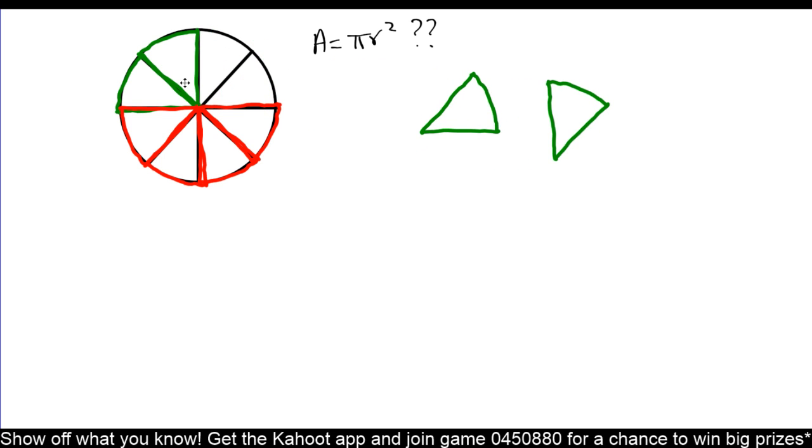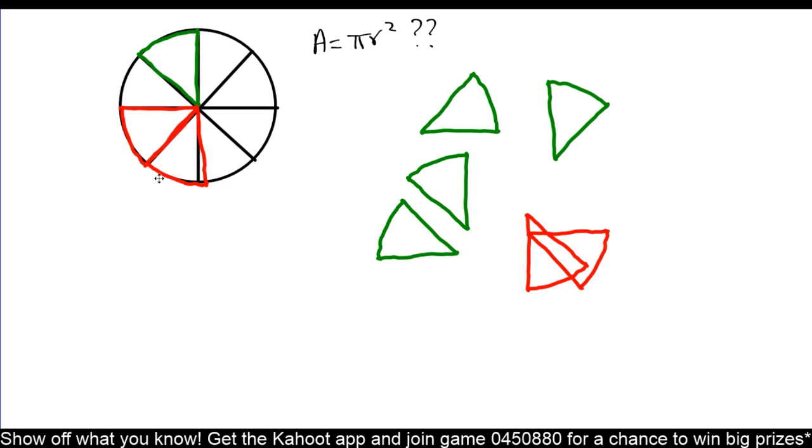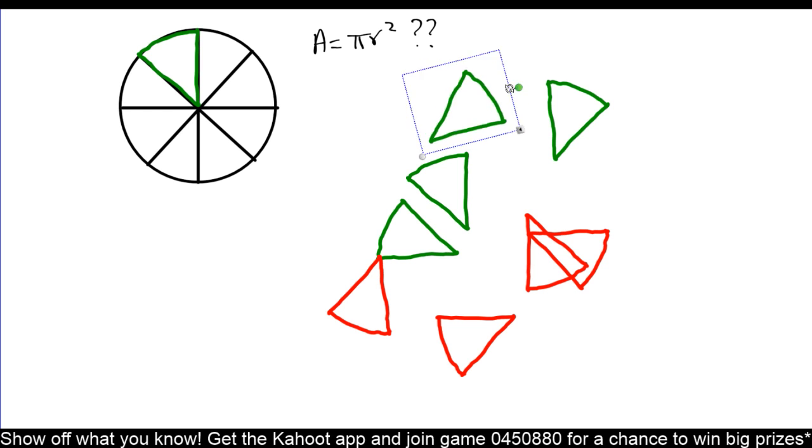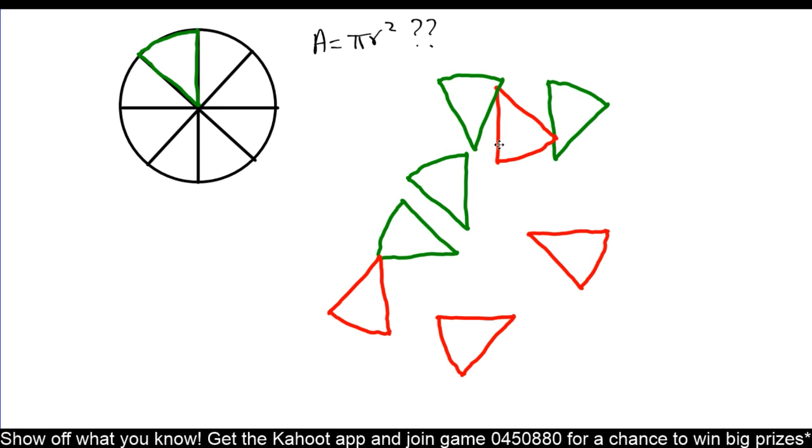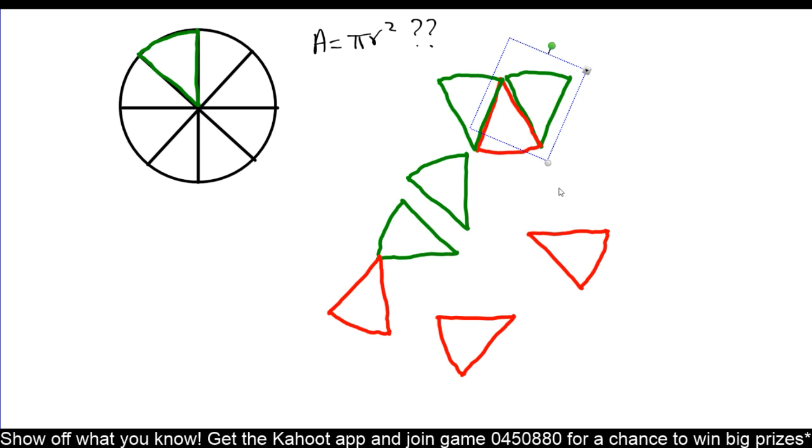Oh, I can't cut out this one. Hold on. I'll just make a copy of it. 1, 2, 3, 4, 5, 6, 7, 8. And I'm going to arrange these so that I make something that looks kind of like a rectangle. So I'm just going to alternate my 2 colors.